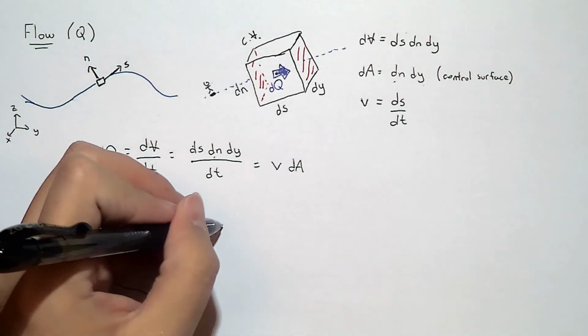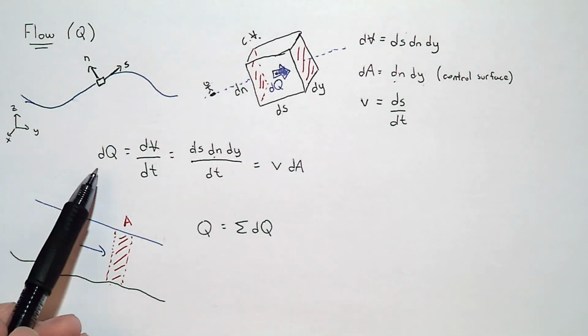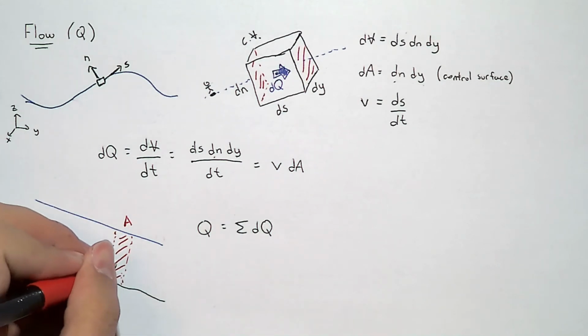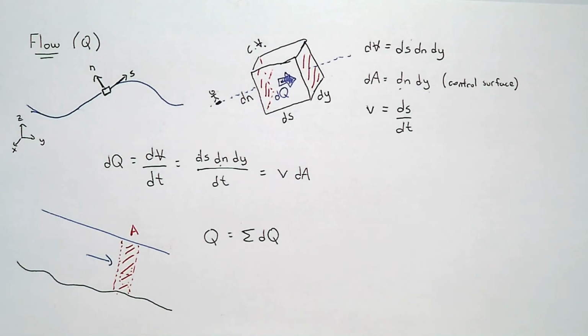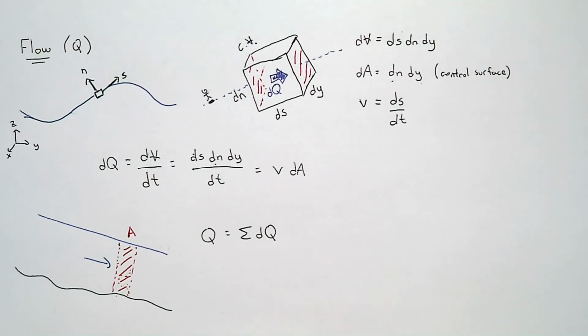Well, I need to add up all of the tiny flow rates. In other words, this area is made up of an infinite number of tiny little control volumes, and each one of them has a tiny flow. So if I want the total flow, then I just have to add all of those up.